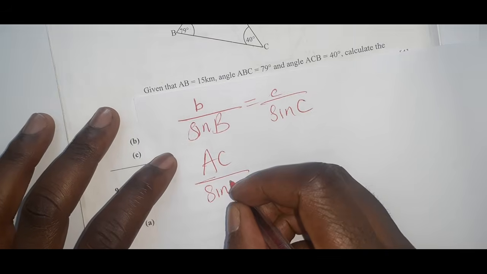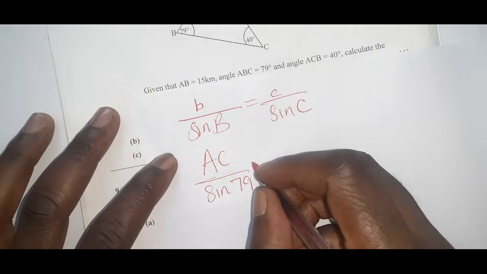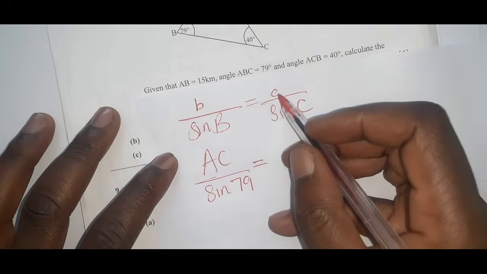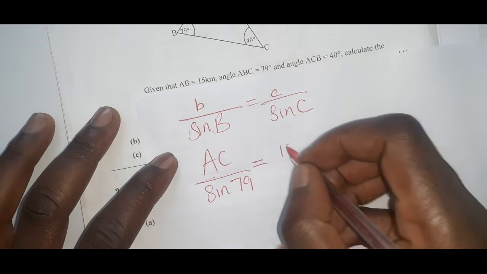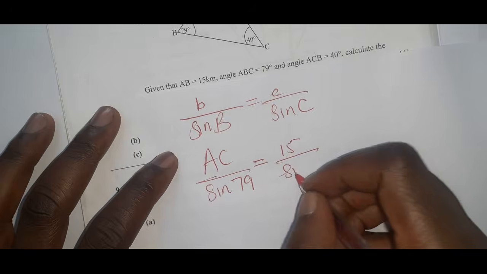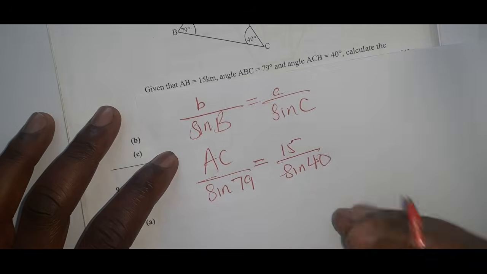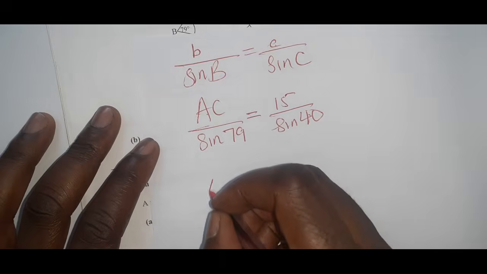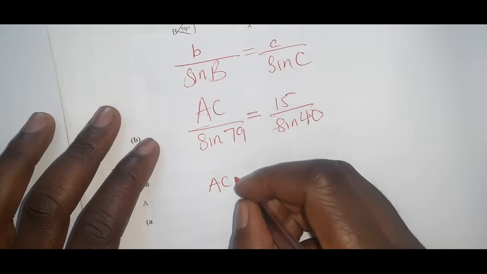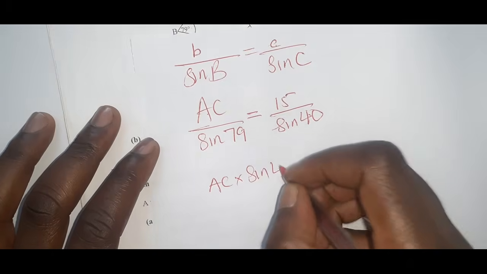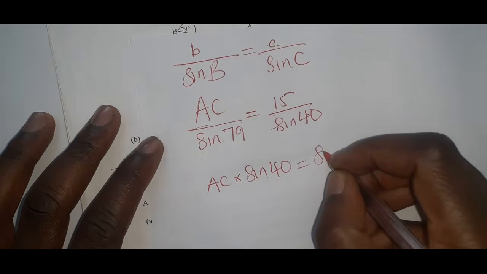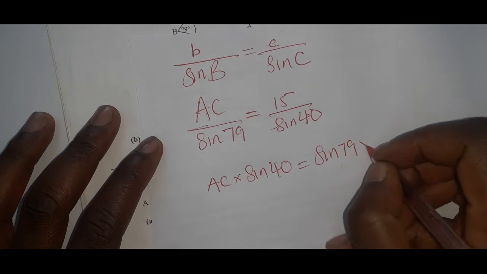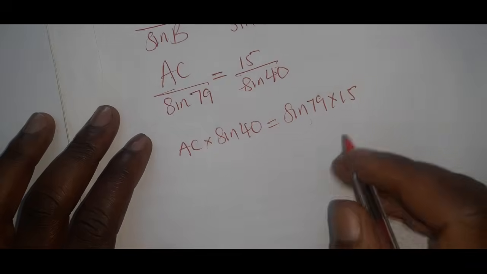What is the angle here? 79 is equal to C. What is C? This is 15. Then sine 40 degrees. Remember we want this one, so we cross multiply. So it's AC multiplied by sine 40 is equal to sine 79 multiplied by 15.